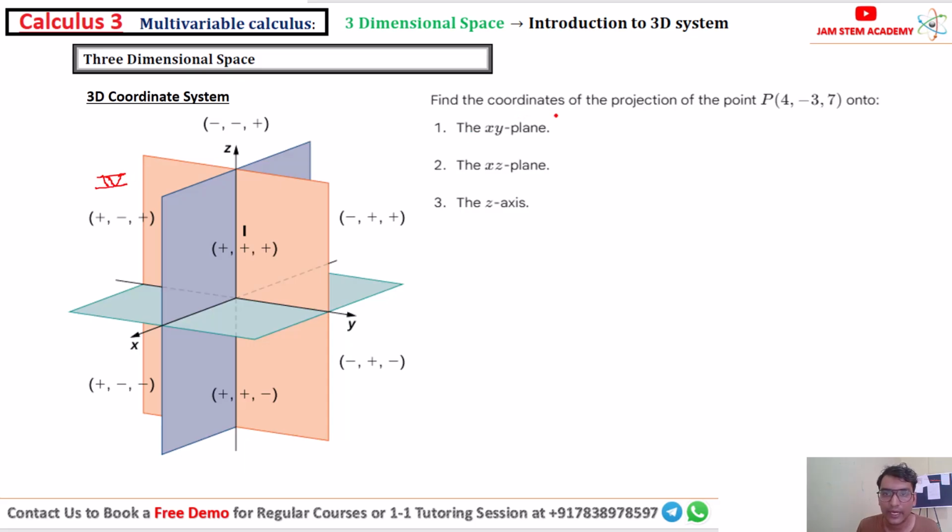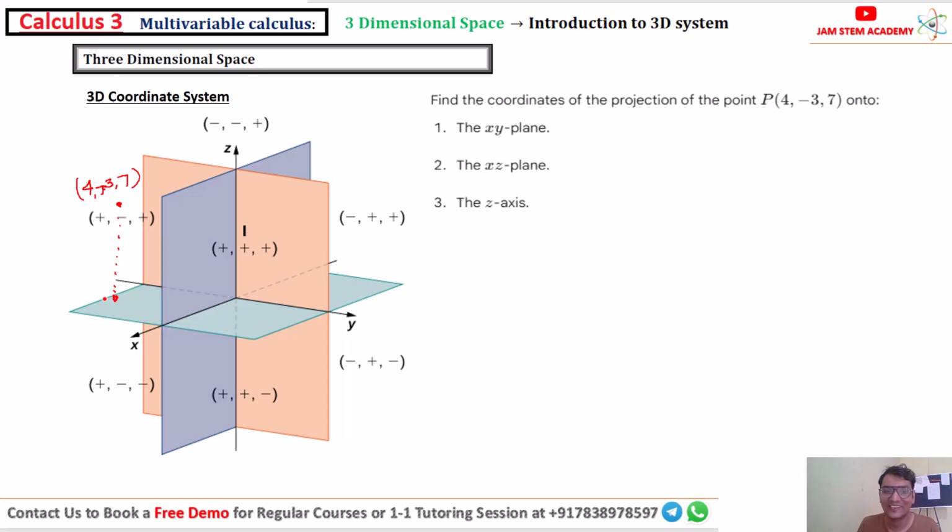Now it says find the projection of this point on the xy plane. So let's say there is a point over here. This is the point. It is 4, -3 and 7. Now if I drop a perpendicular from this point on the xy plane, the ground, what will be the coordinates of that point?